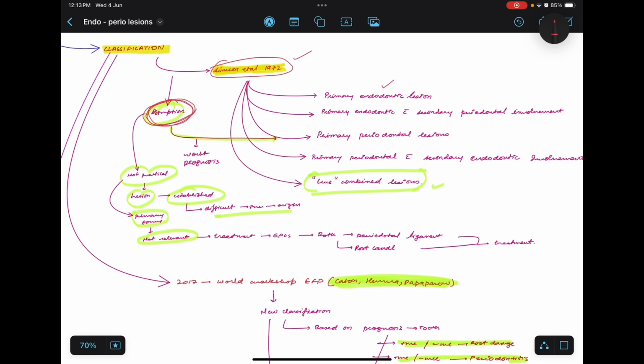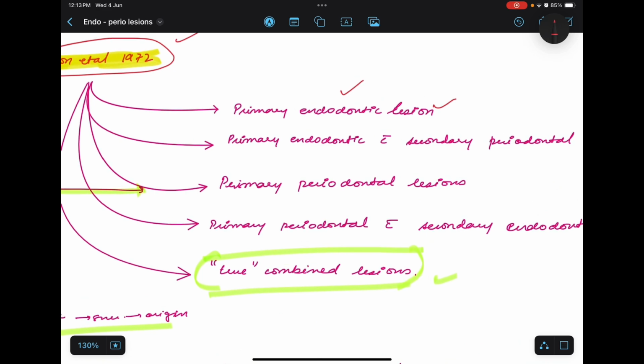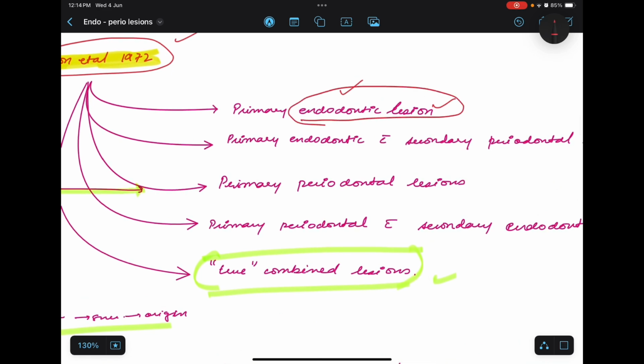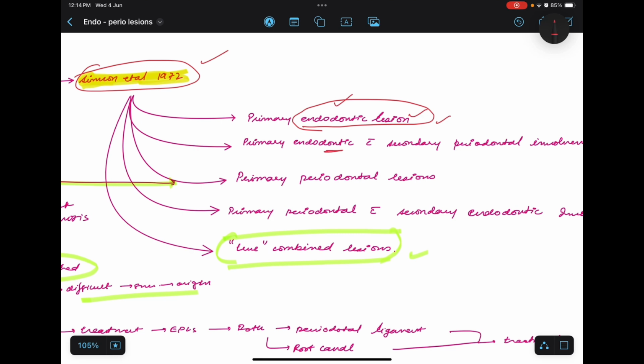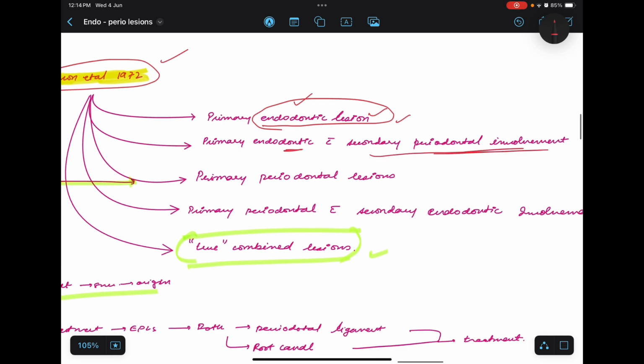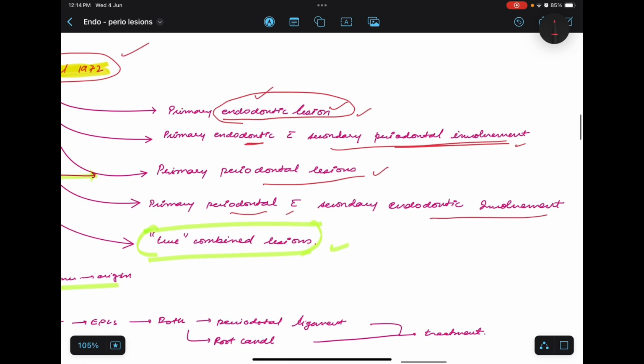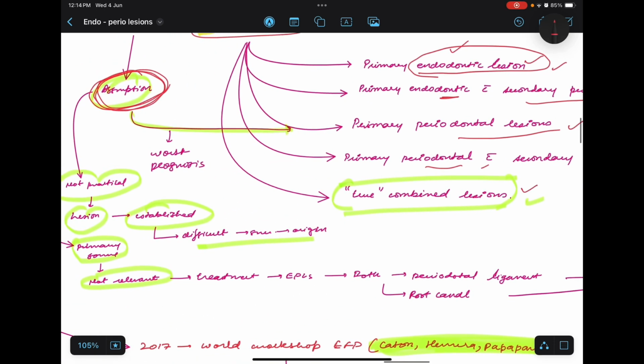So he classified it as primary endodontic, where the endodontic lesion is the primary source of infection, then primary endodontic with secondary periodontal involvement, then primary periodontal, primary periodontal with secondary endodontic involvement, and a true combined lesion, as in both lesions progressing at the same time.